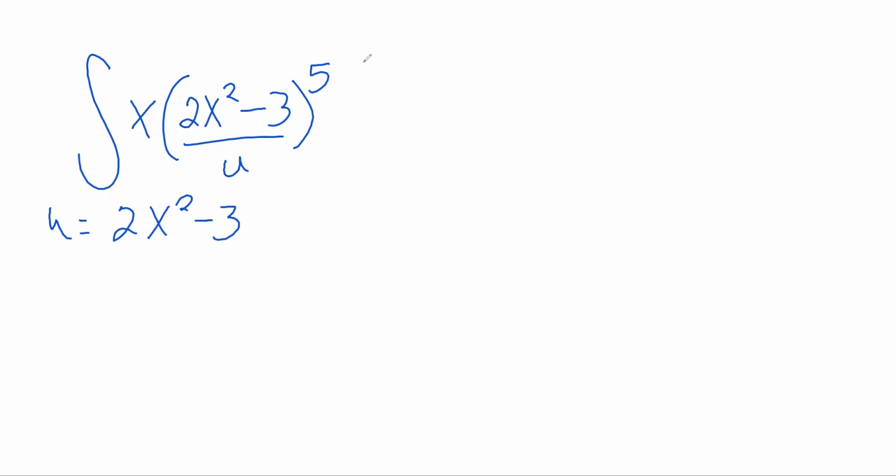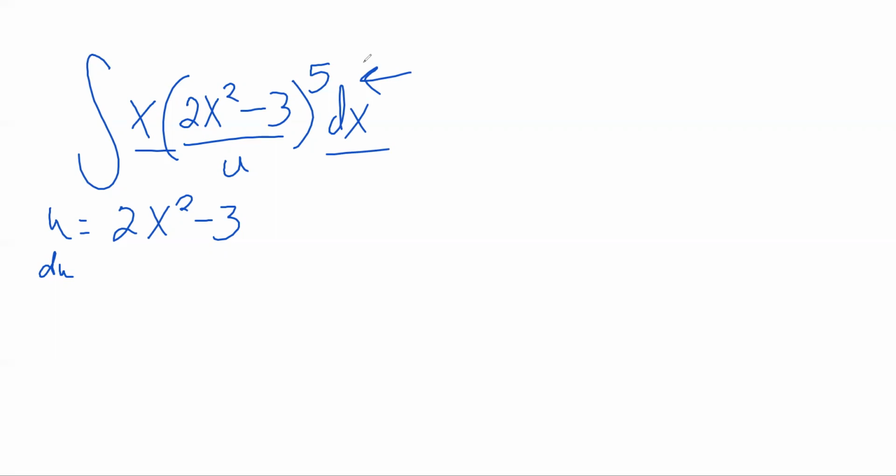Now, ultimately, we're going to integrate the fifth power by the power rule, but we have to deal with what's inside the fifth power. Now, the derivative of u in terms of x, oh, by the way, always write an integral with x.